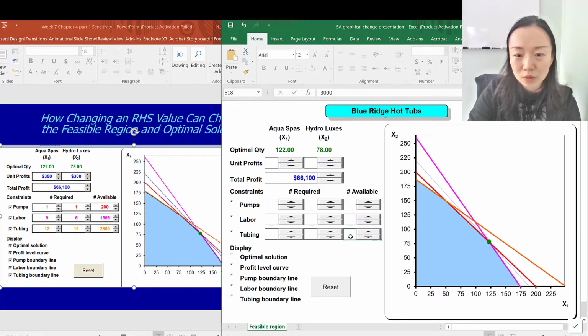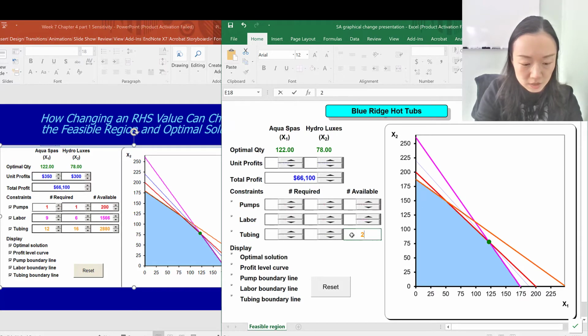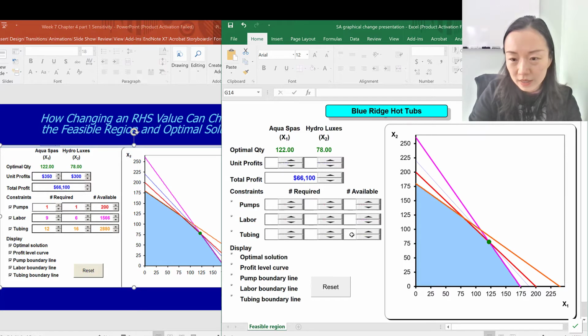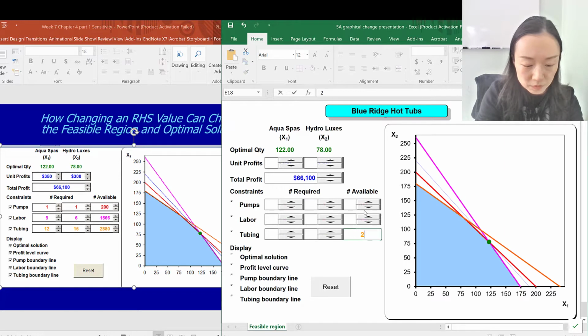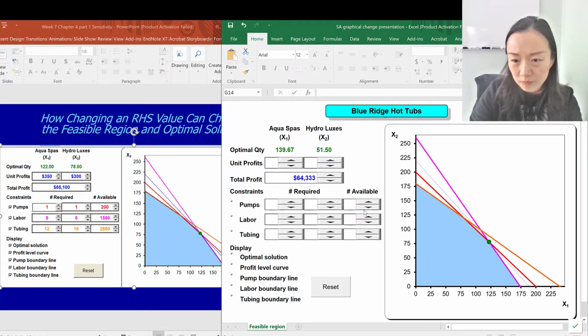Then what about if we decrease it? The current value is 2880. Okay, it's here. And if we decrease to, for example, 2500, did you see what happened?